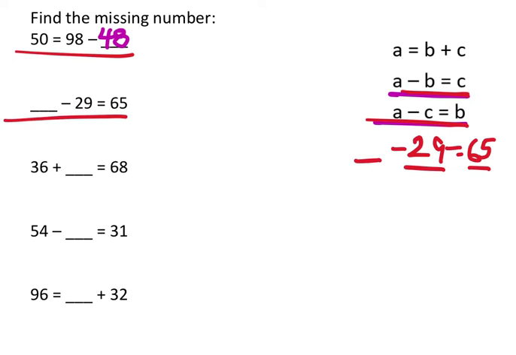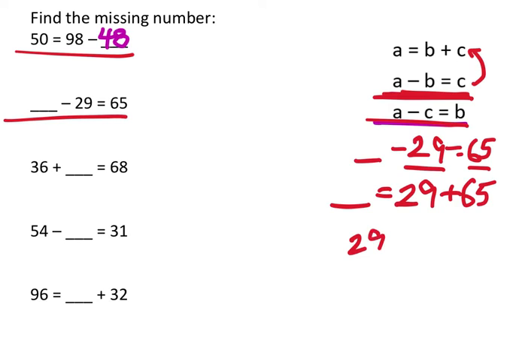So it reflects this one, which means I'm going to change it to this one. I can make this 29 plus 65 equal the blank. So we do 29 plus 65. 9 plus 5 is 14. Carry the 1. 1 plus 2 is 3, plus 6 is 9. So that's 94.